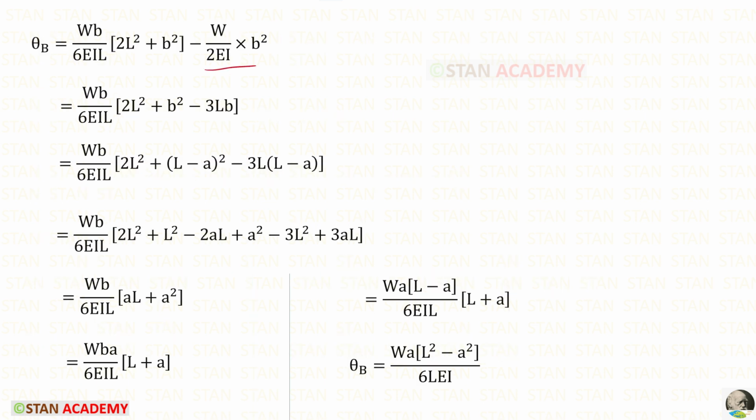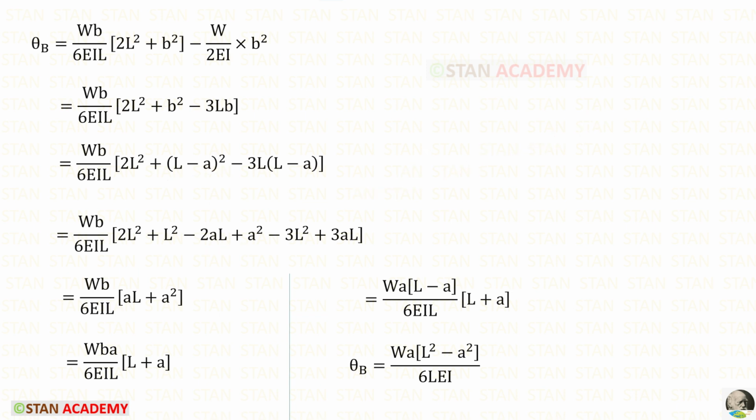We can multiply this term with 3L upon 3L. Then we can take WB upon 6EIL outside. Here we will have 3LB. B is L minus A. For this we can apply A minus B the whole square. We know the formula A square minus 2AB plus B square. Using that formula we will get this.